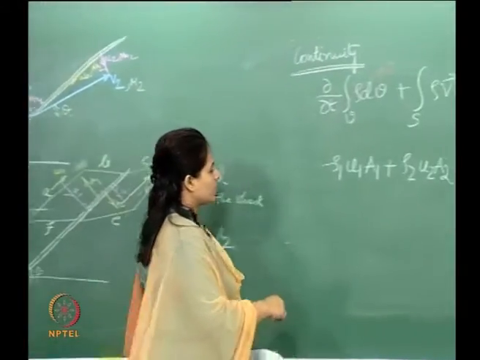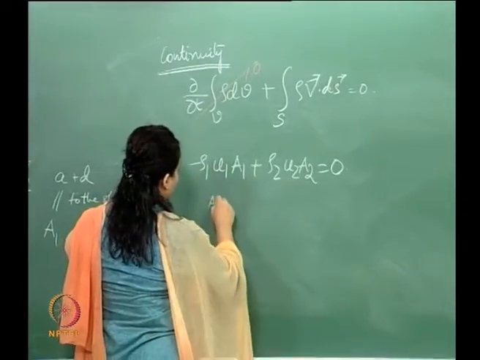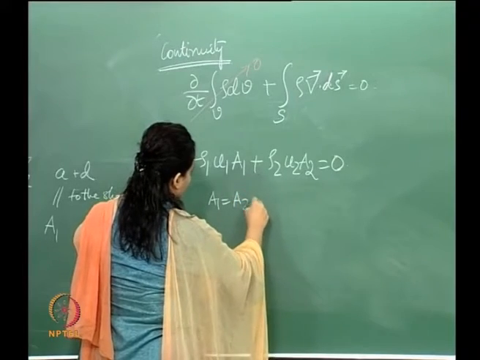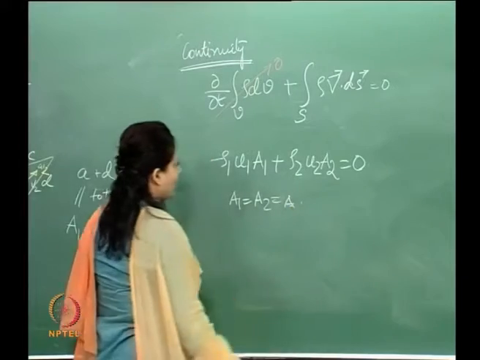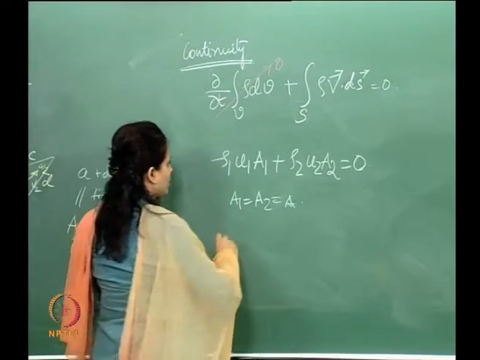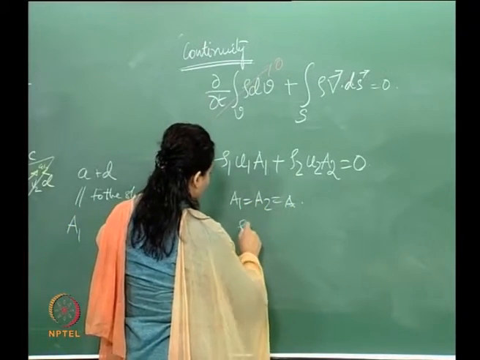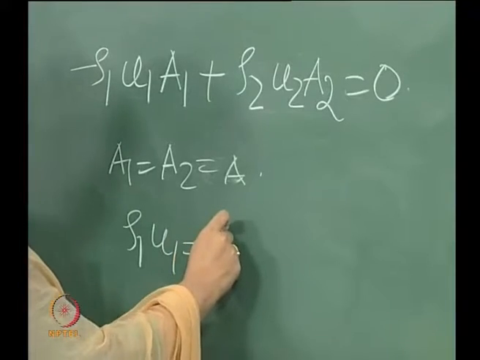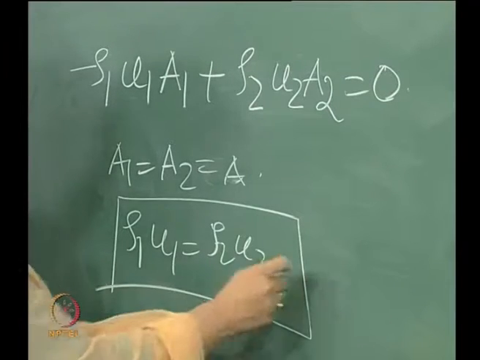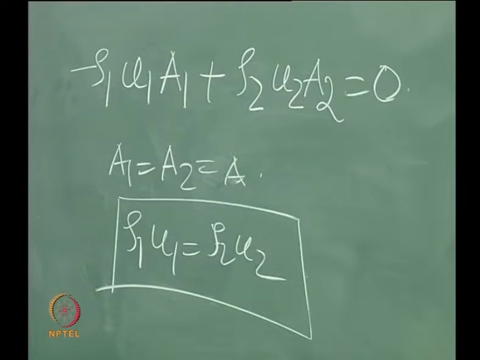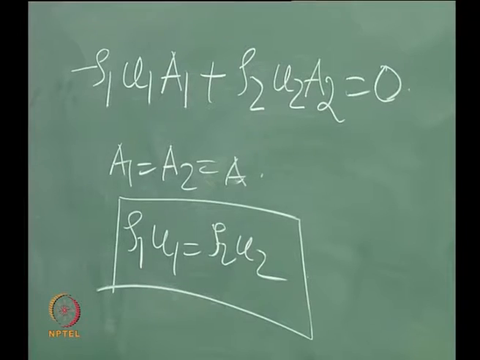So, A1 is equal to A2, right. Therefore, this is what we get from the continuity equation: rho 1 u1 is equal to rho 2 u2.